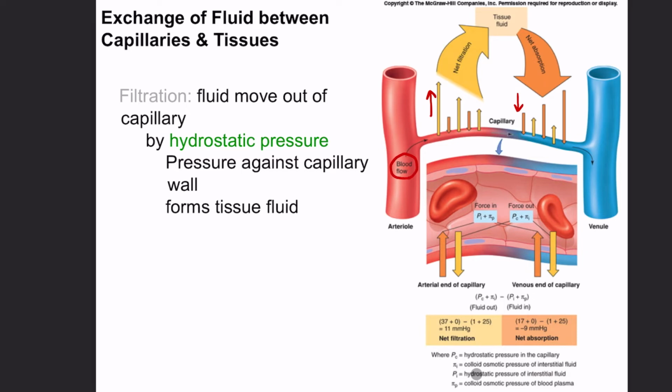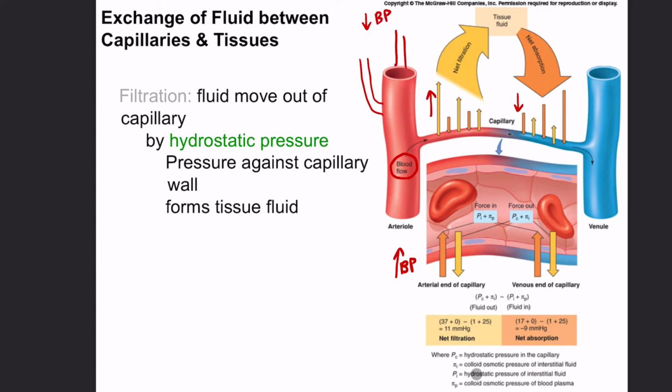And so it happens because of the blood flow. And as we know, blood pressure is pretty high in our arterial system. So even though our arterioles and capillaries are getting smaller, because there is more surface area, the blood pressure does decrease here as it moves further away from the heart.